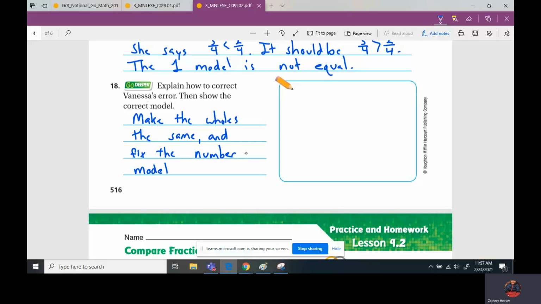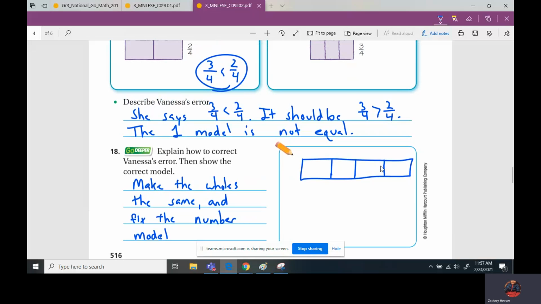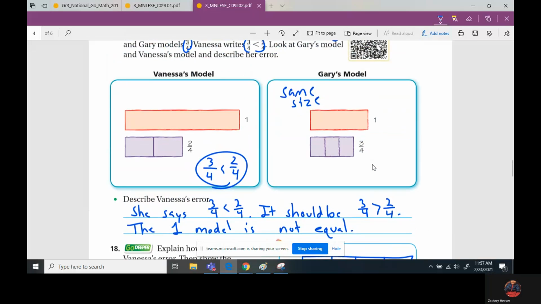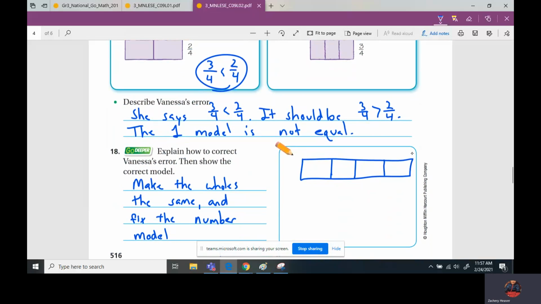And let's draw it. So we're going to draw one whole, and we're going to make it into fourths. 2, 3, 4.